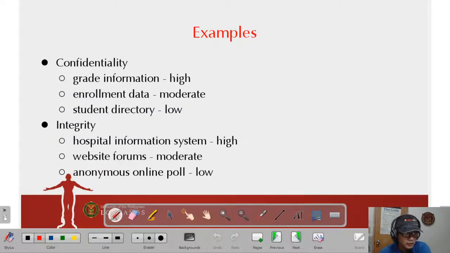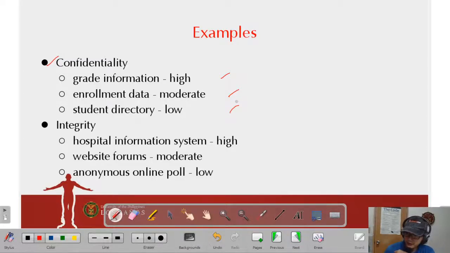So we now proceed to get a better view of the relationship between the levels of impact and the key objectives. So let's start with confidentiality. For this objective, confidentiality, we give some examples of high, moderate, and low levels of impact of violating this particular objective.